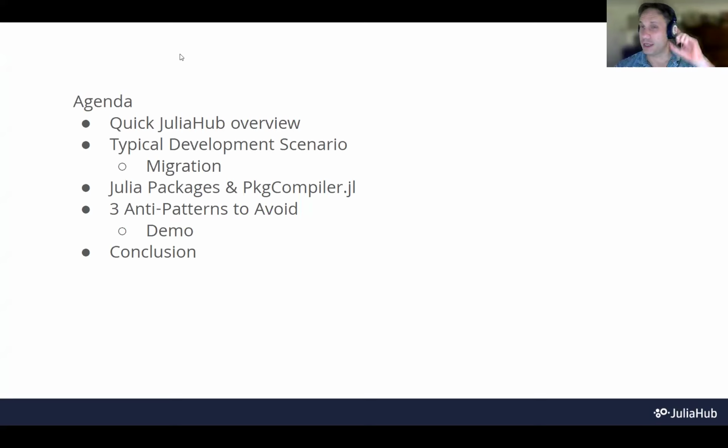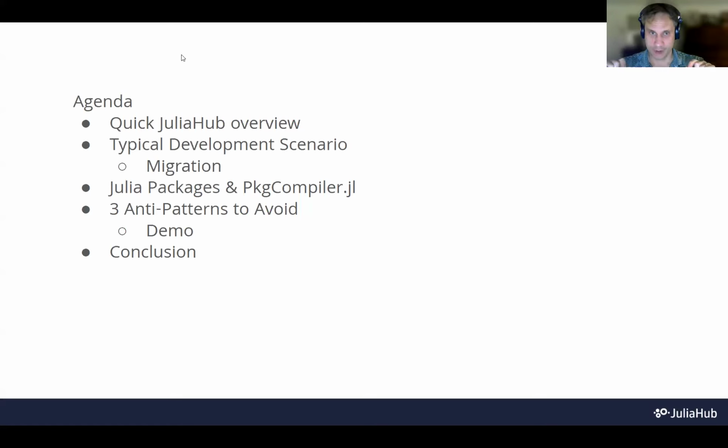The consideration in mind for this whole session is a migration, and we will touch on Julia packages and PackageCompiler.jl. Why? Just so you know what's going on behind the scenes. You don't need to know the details of how these things work. Hopefully you don't have to touch them if you're a busy person in an enterprise environment with other things to do, but it will really help ground your understanding of what's going on behind the scenes and why you have to make certain decisions.